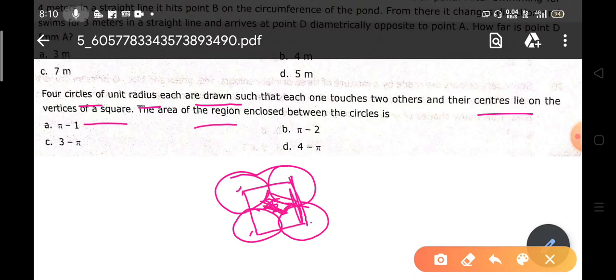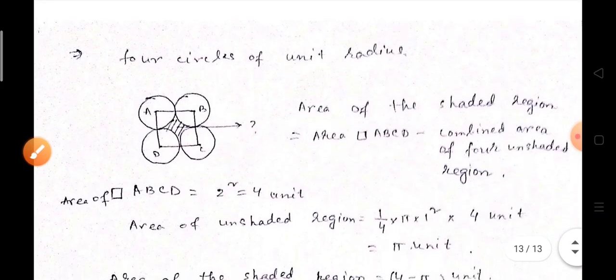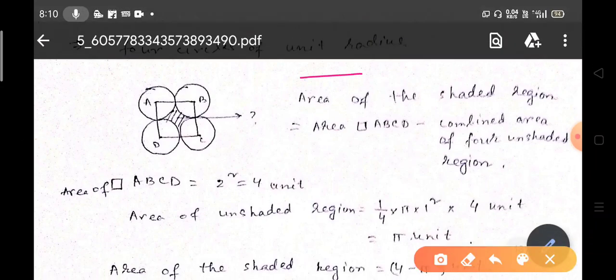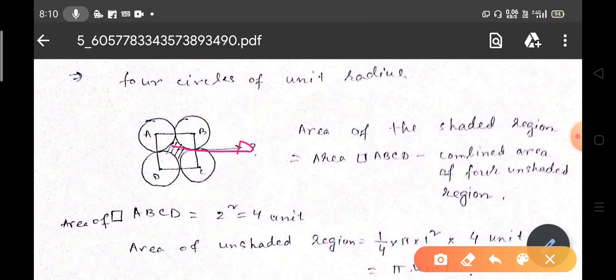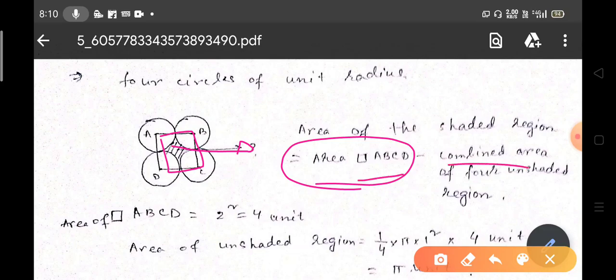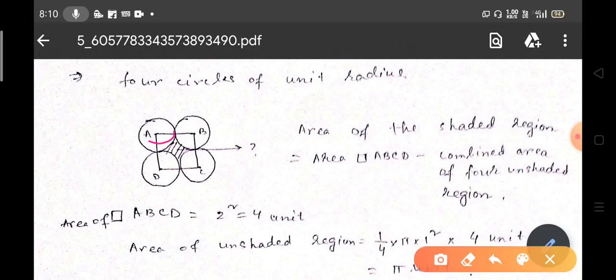This is the area which is enclosed, and how much is it, that is the question. So find it out, friends. The 4 circles have unit radius. The area of the shaded region will be the area of the square ABCD minus the combined area of these portions, these 4 parts.